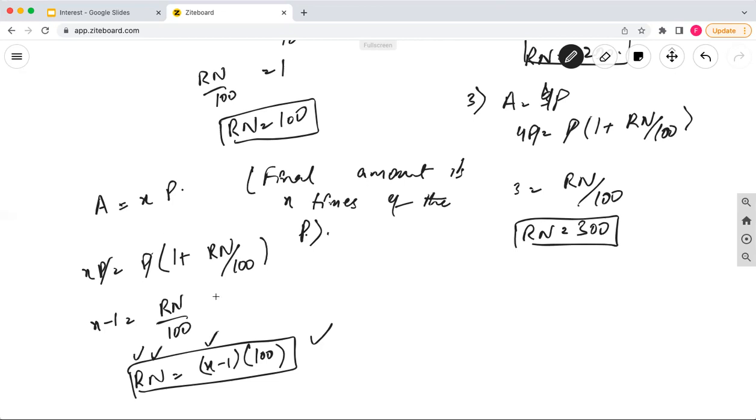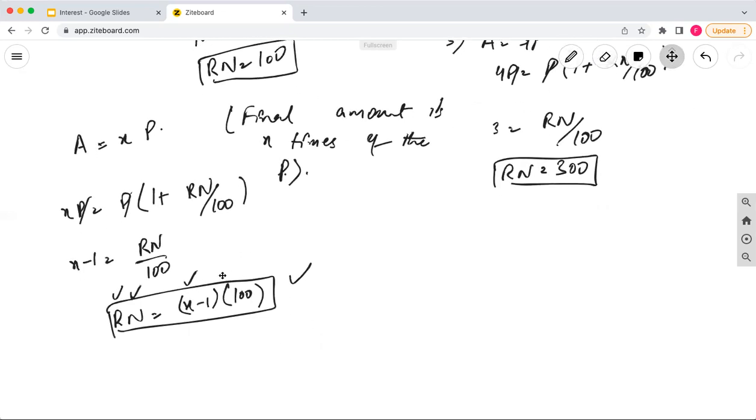X is the value showing how many times the final amount is of the principal amount. So whatever the value of x is, you can incorporate it in this formula, and whether you are asked to find R or n, you can find either of these two just by knowing x in this formula.